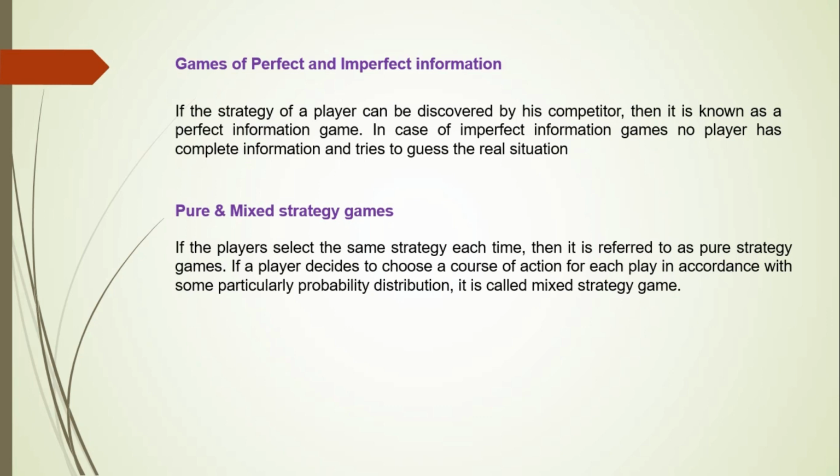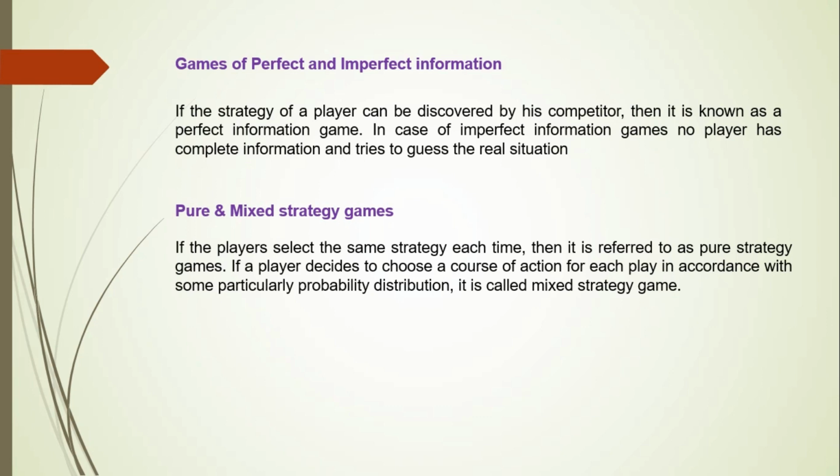If a competitor is able to judge the strategy of the opponent player, then it is known as a perfect information game. If the competitor cannot discover the strategy the opponent is using, or cannot guess the real situation, then it is called imperfect information.